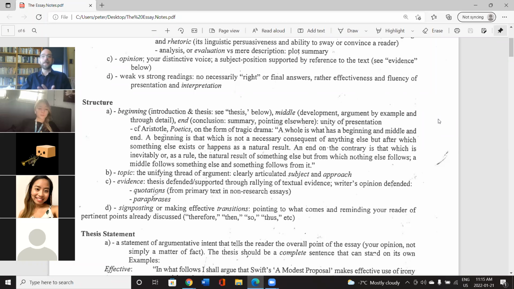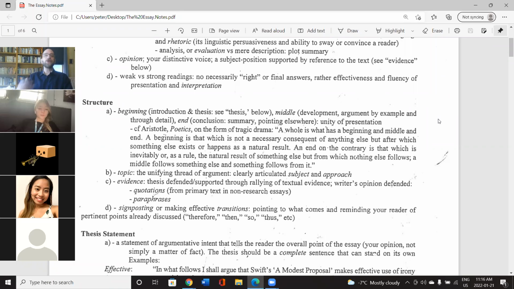An essay needs a beginning, that is an introduction and a thesis. I'll talk about thesis statements in just a moment. It needs a middle, that is the development of your introduction, an argument by example and through detail, and then of course an end, a conclusion, a summary, perhaps pointing outside the end.